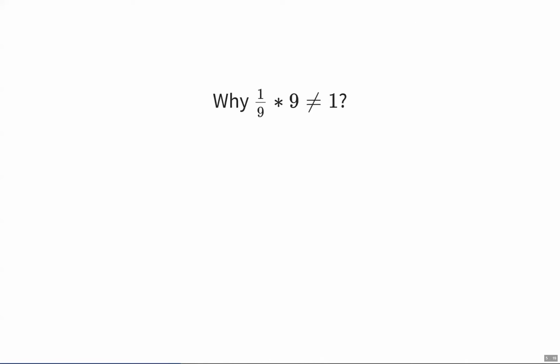Now, why is 1/9 times 9 not 1? If we do real math, then 1/9 is 0.1 repeating. This means there is an infinite string of ones after this. It will never end. This is a number that we can't represent in floating point format, right? We can't do this in a fixed bit format, period.